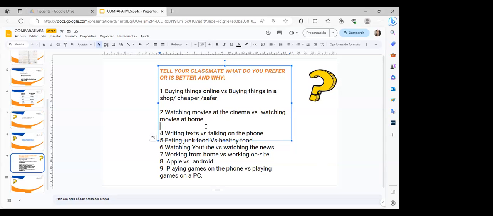Action movies, new movies. Okay, but do you prefer the cinema or home? Which one is better? Okay, very good. Let's continue.